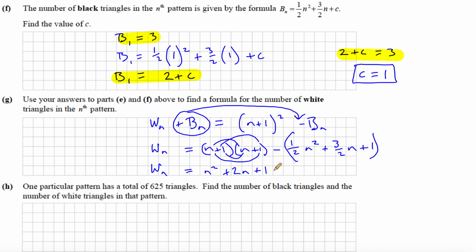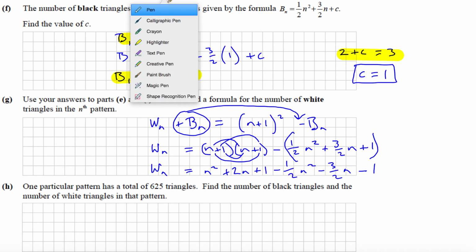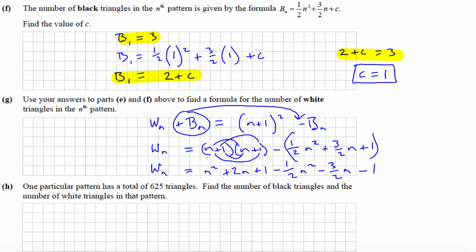So what I get then is minus a half n squared, minus by plus is minus 3 over 2n, and minus by plus again is minus 1. So when I look at this a bit closer now, I've got n squared minus a half n squared, I've got 2n minus 3/2 of n, and I've got plus 1 minus 1.